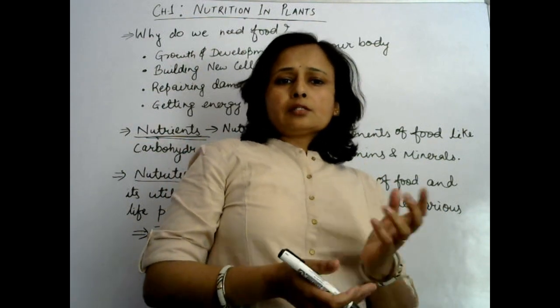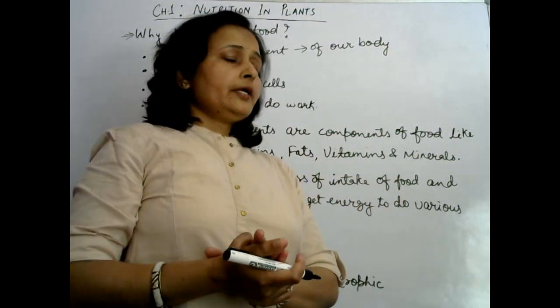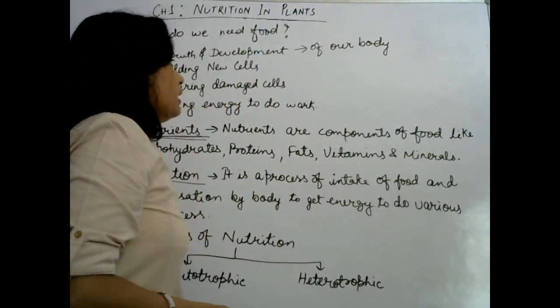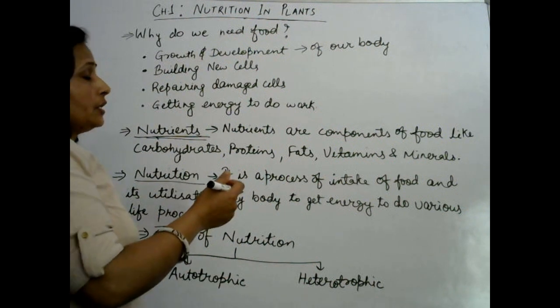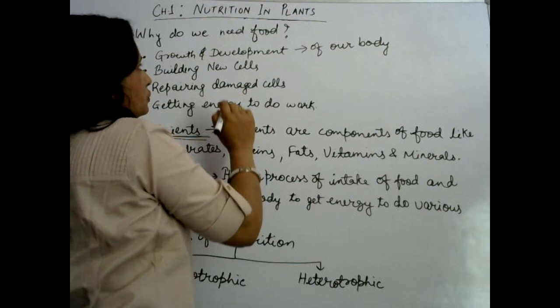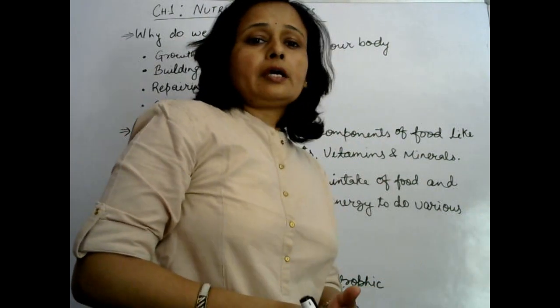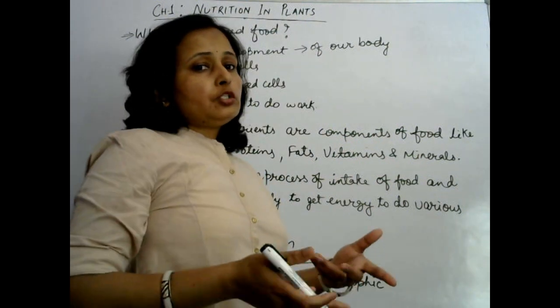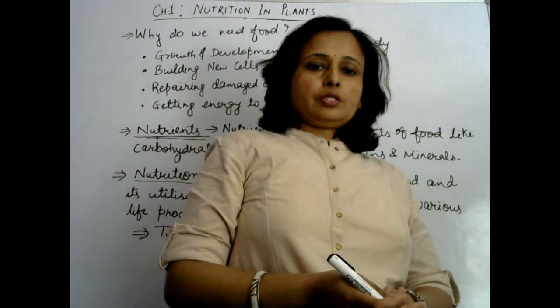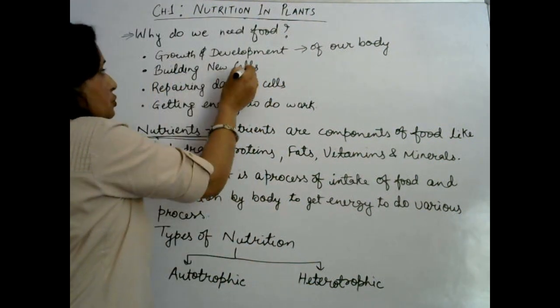During all this growing period, the body of a kid needs nourishment, energy, nutrients, and that they can get through food. We can get different kinds of nourishment, nutrients, energy from food, and through which only our body grows, our body develops.